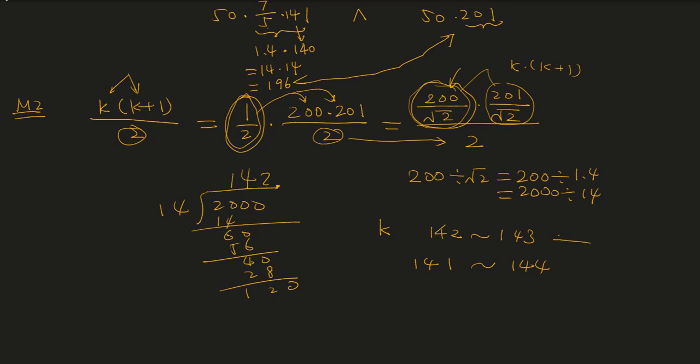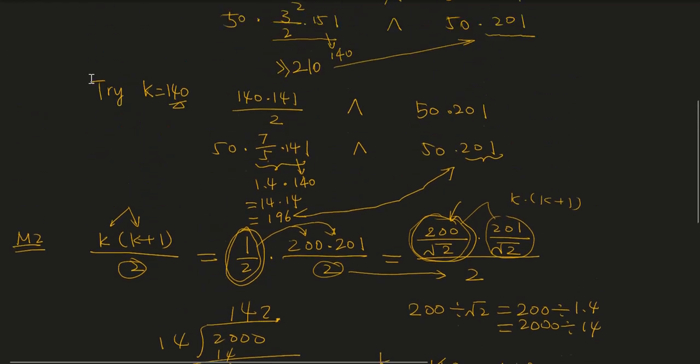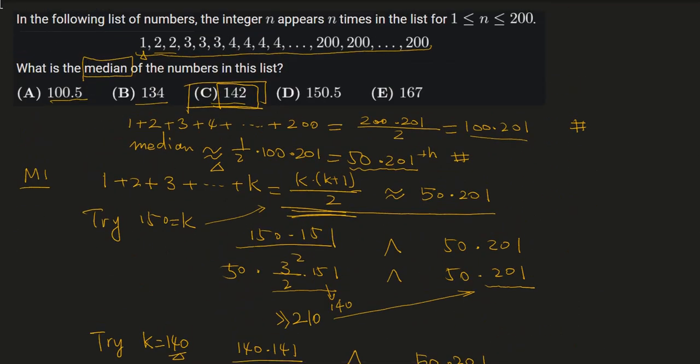But with either range, it's good enough for us to make the correct choice. So let's go back to the choices. Obviously, only C falls into our range. Therefore, our answer is C.